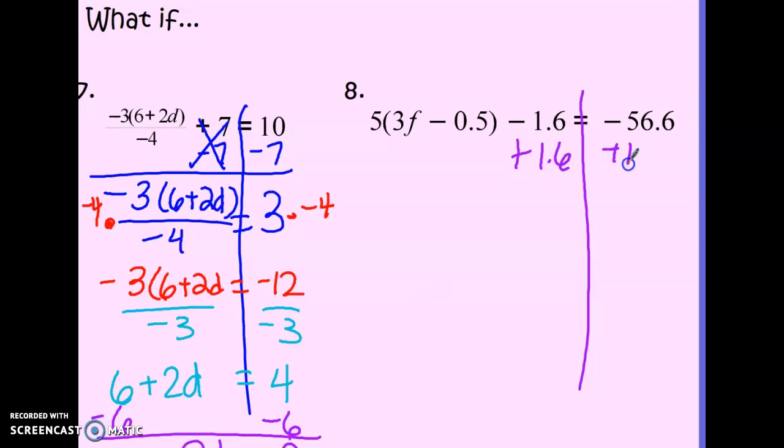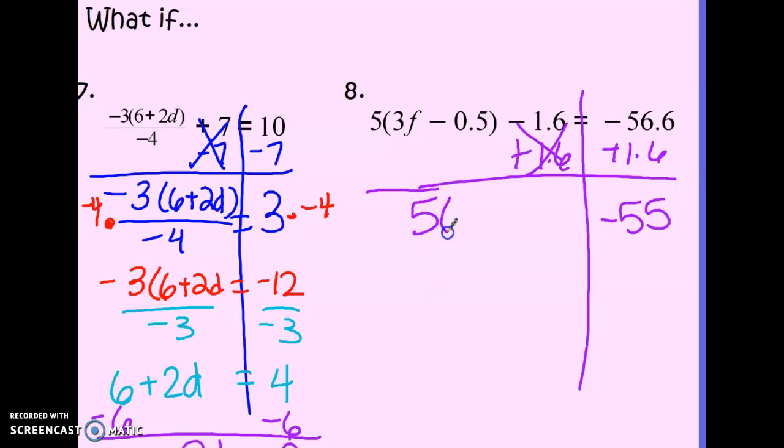So I'm going to add 1 6/10 to both sides, which leaves me with negative 55 on this side. I'm left with 5 times 3f minus 1/2. My next step would then be to divide by this 5.